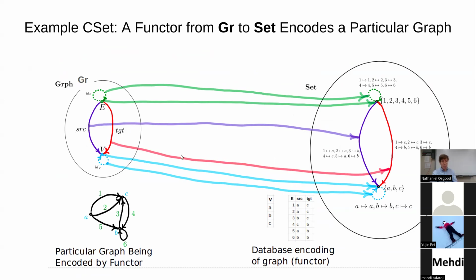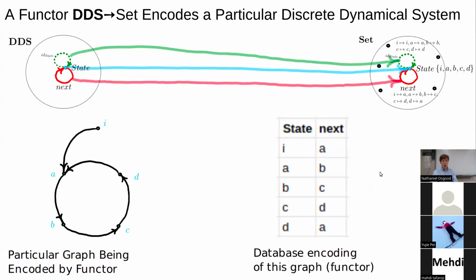The image of V plays the role of vertices here. These play the role of the source of an edge and the target of an edge. Are we okay with this? So functors here are encoding information. We good? Okay.